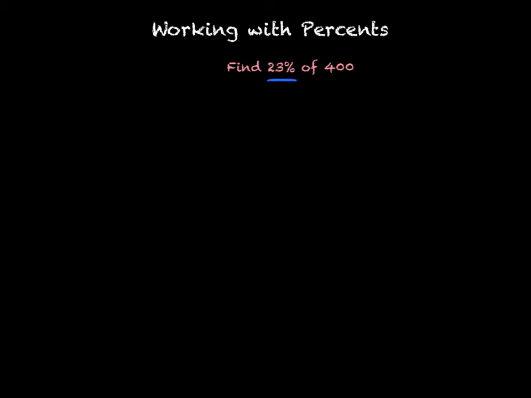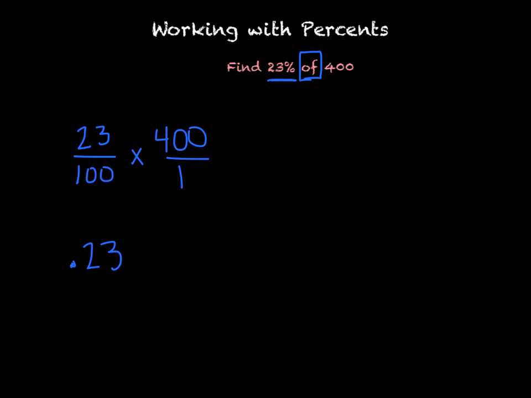So we said earlier that percent means out of 100, so 23% would be 23 hundredths, either as a fraction or a decimal. So if we're doing 23% of 400, most of us know in math that of means multiply. So we would multiply times 400, or over here we would multiply times 400.